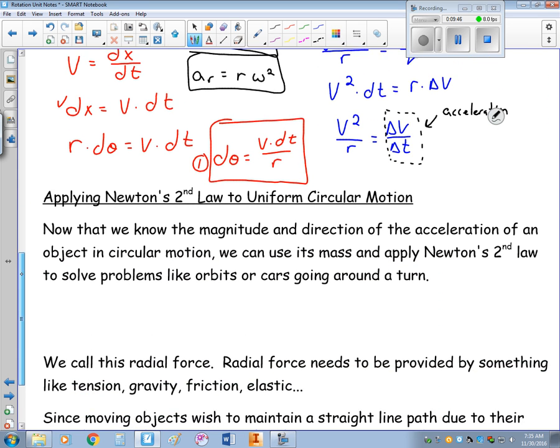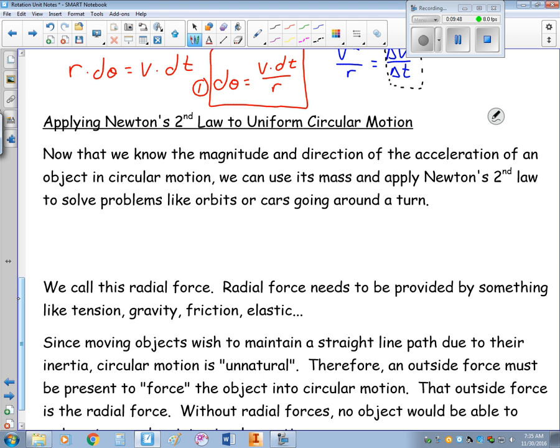Okay, once we have a radial acceleration, we can begin applying Newton's second law. So here's a little bit of review. We know the magnitude and direction of the acceleration of any object in circular motion. We can use its mass to apply Newton's second law to solve problems like orbits and cars going around circles. So remember that Newton's second law said that the net force equals mass times acceleration.